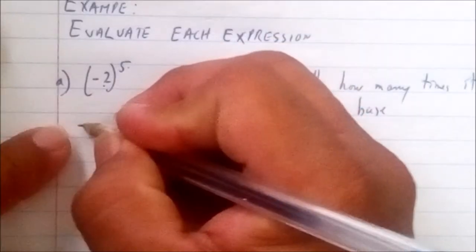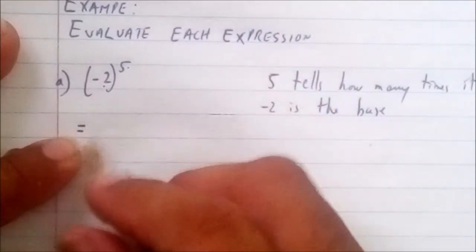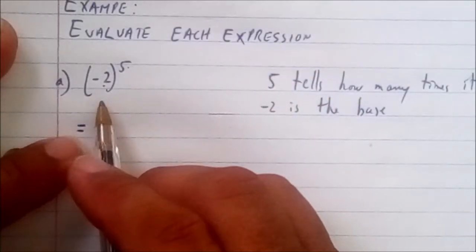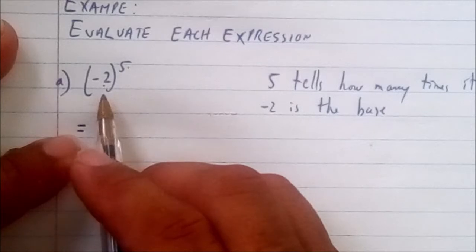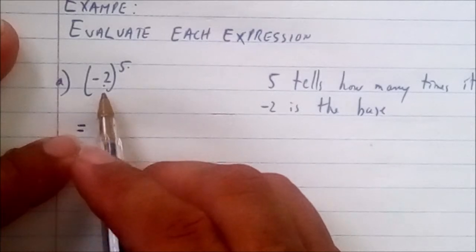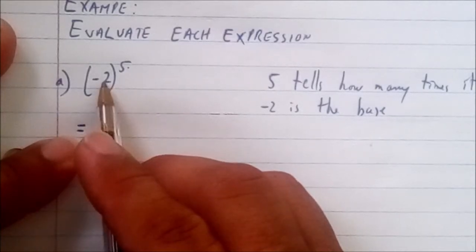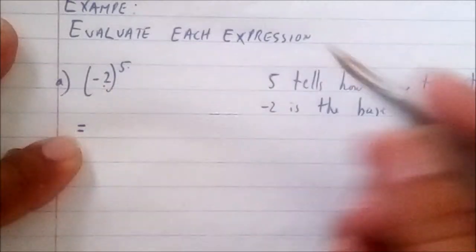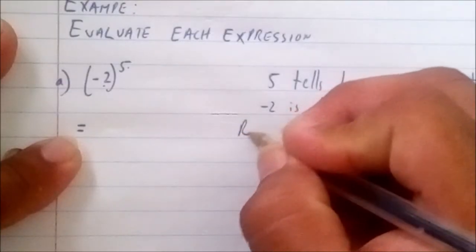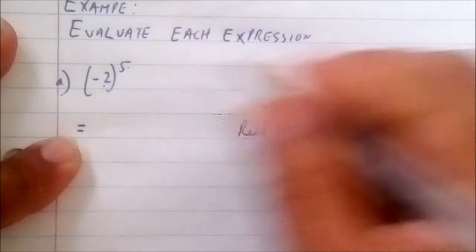So let's put equals here. We read this as negative 2 raised to the 5th power.